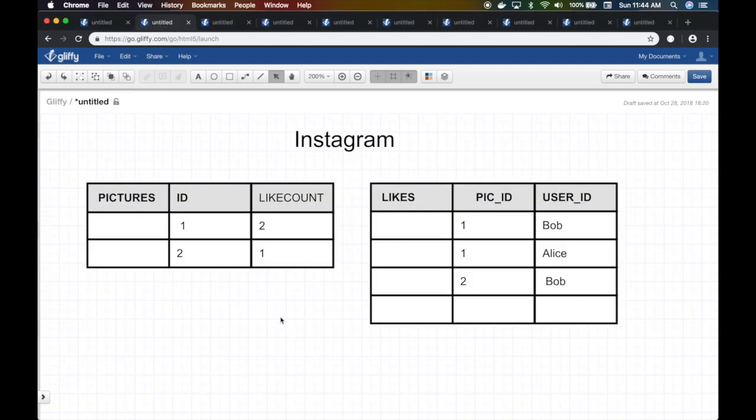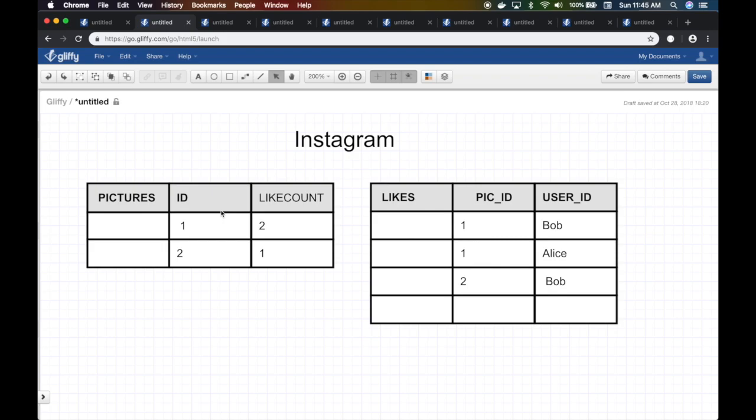Let's assume Instagram, or this photo sharing app, consists of two simple tables. Obviously it's more complicated than that, but you have one table called pictures and another table called likes. So we have the pictures table, which has an ID, the primary key, and the number of likes this picture got. In this case 2, and picture 2 got 1 like.